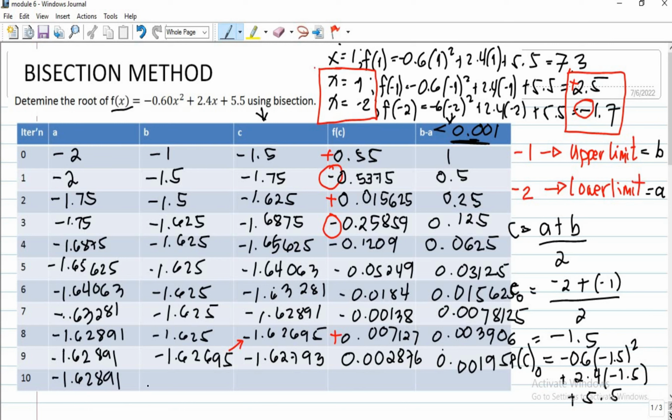And my B will change into negative 1.62793. Ang value ng aking C ay negative 1.6284. And my FC now is equal to 0.00075. Yung difference na ngayon ay 0.000977.